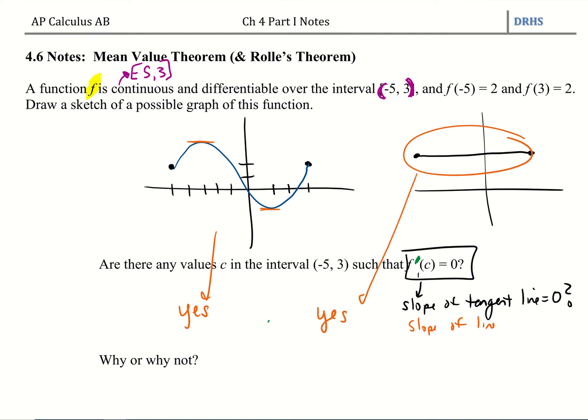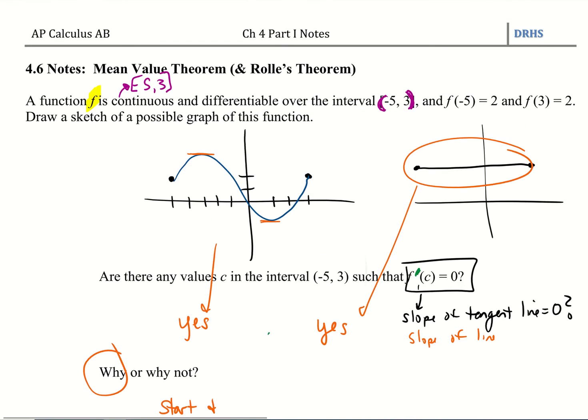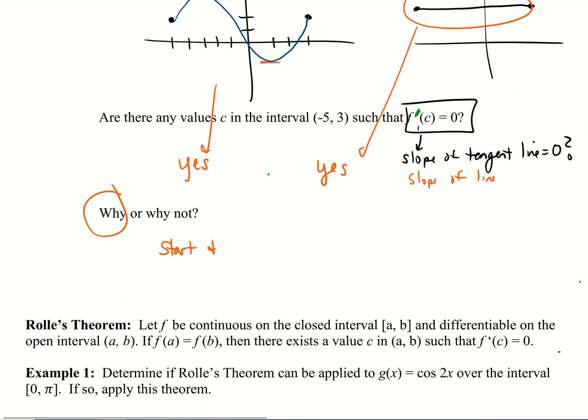If we think about this, why would that be so? Well, if we are starting and ending at the same height, which is exactly what was going on here, f of -5 and f of 3 are both equal to the same height.